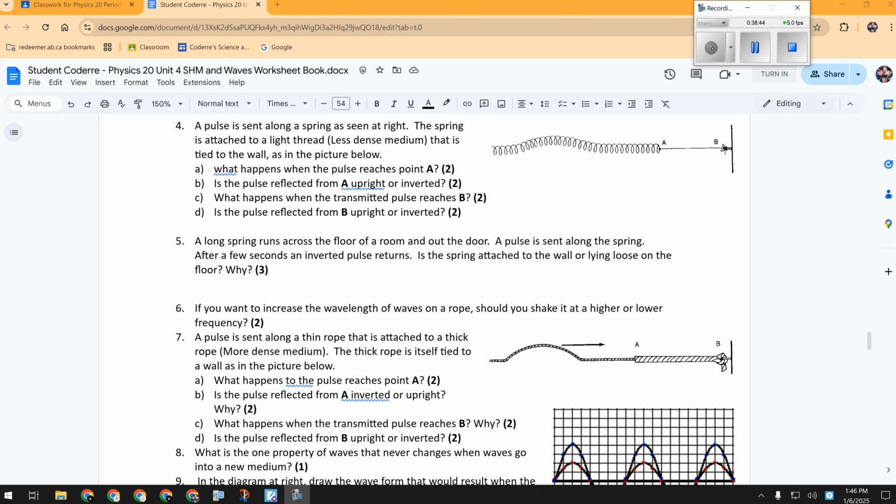Can I see if I handed in my simple harmonic motion? You did. If I handed mine in, you know I handed it. Yes.